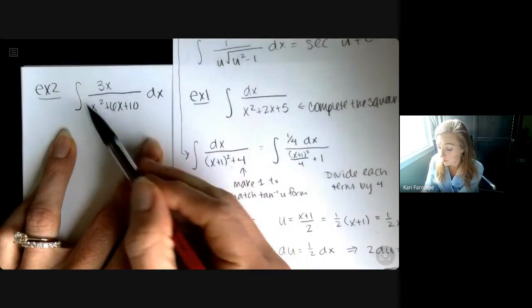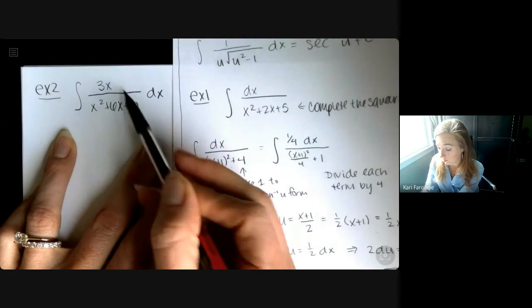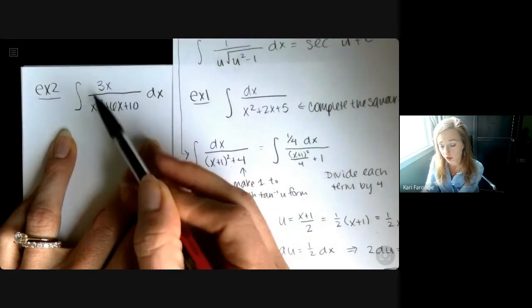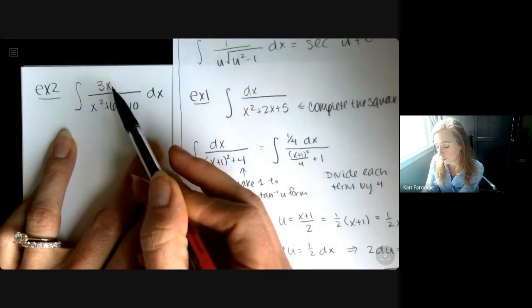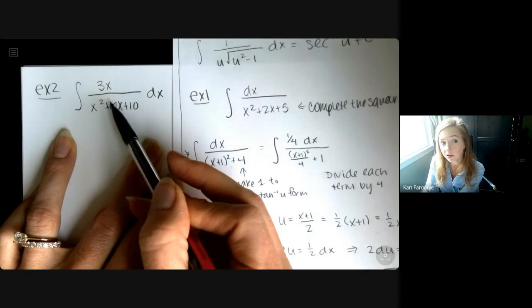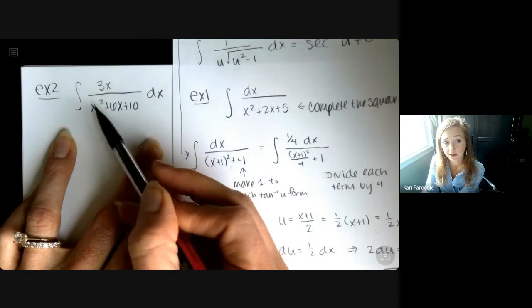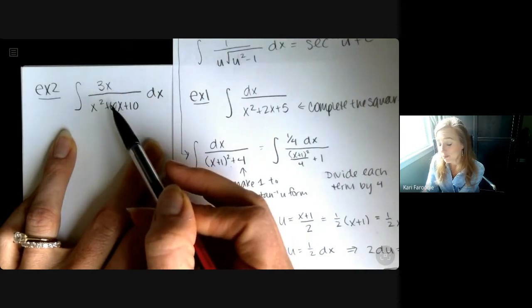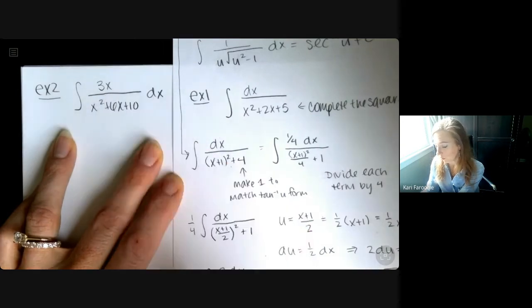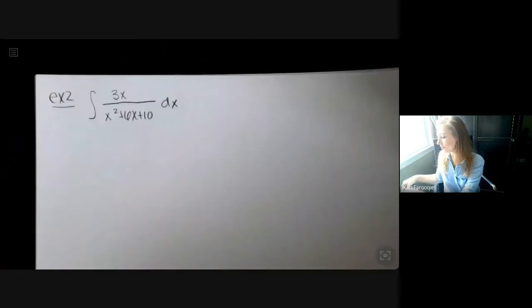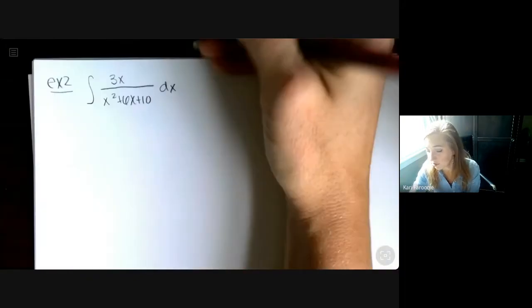So even though there might be worked in here somehow an inverse trig function or an inverse trig form, it's not going to be clear to us right away because right now it looks more like just a standard u substitution. Okay, so note the difference.